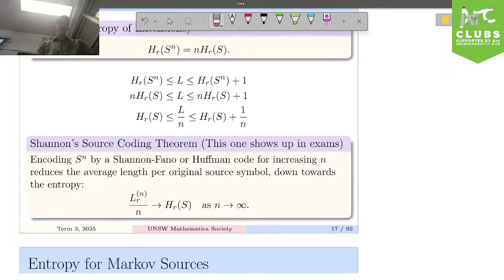So as we take the limit, we're going to approach that lower bound that we spoke about before, which is quite nice to talk about.